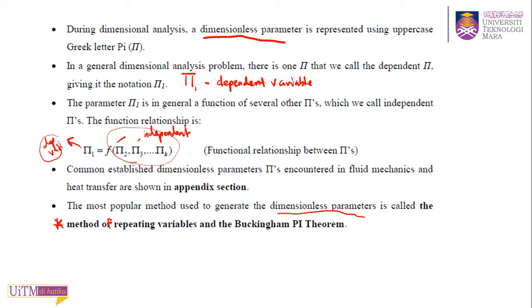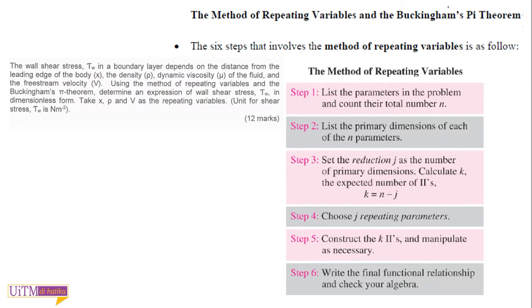In the past year papers, if you have gone through them, you will see a lot of questions where they give you a problem, then ask you to generate the dimensionless parameters using this method of repeating variables and the Buckingham-Pi theorem. So there are 6 steps.